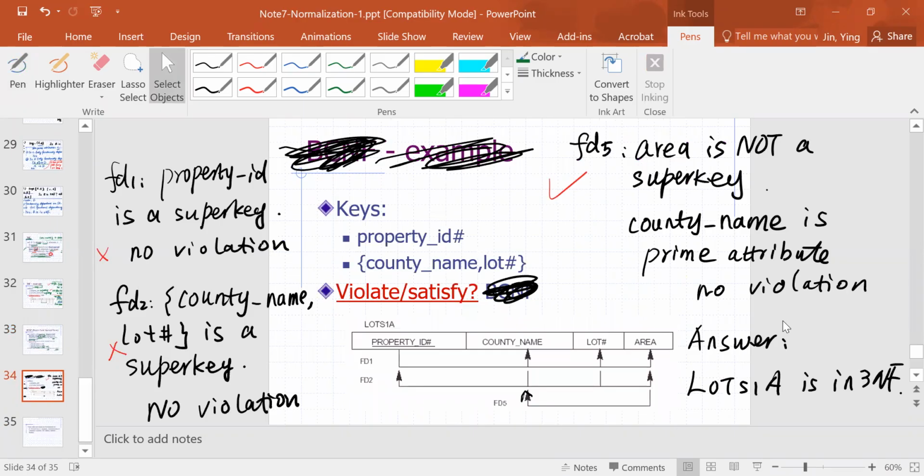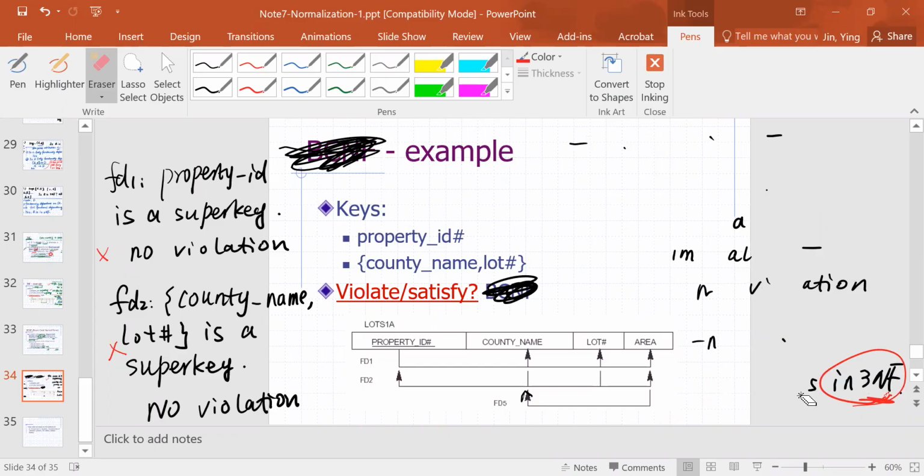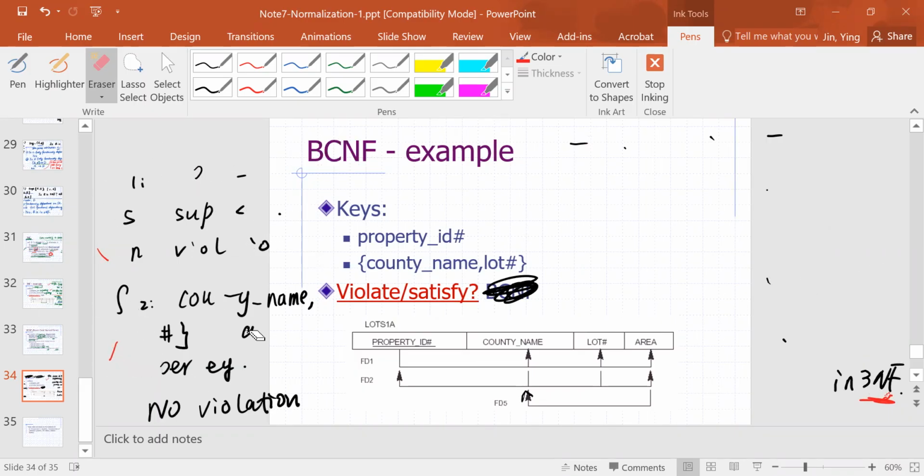This one we already worked on, and I know this is in third normal form. And now I want to see if this is in BCNF or not. Okay, so let me get rid of that. Remember, it is in third normal form already. We'll check.